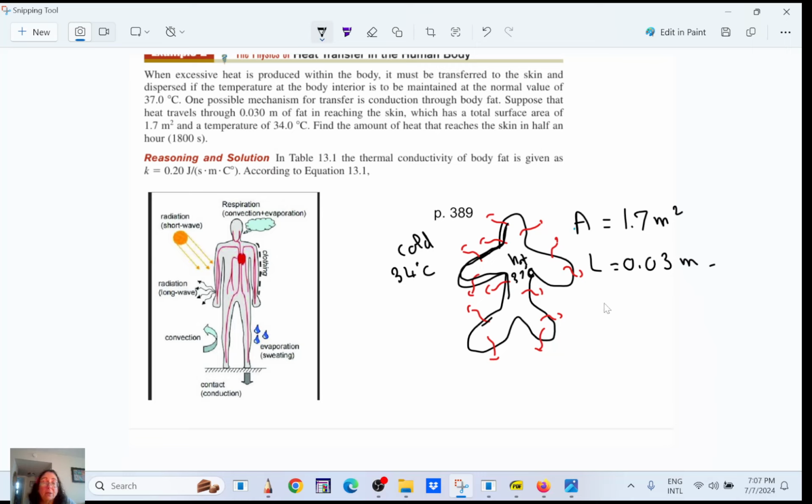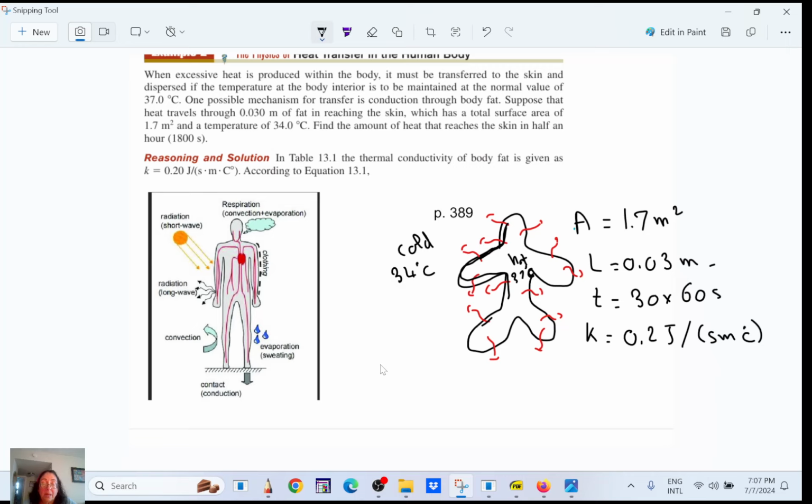In half an hour, so the time is 30 minutes, and 1 minute is 60 seconds. The thermal conductivity of the body is 0.2 joule per second meter degree Celsius.